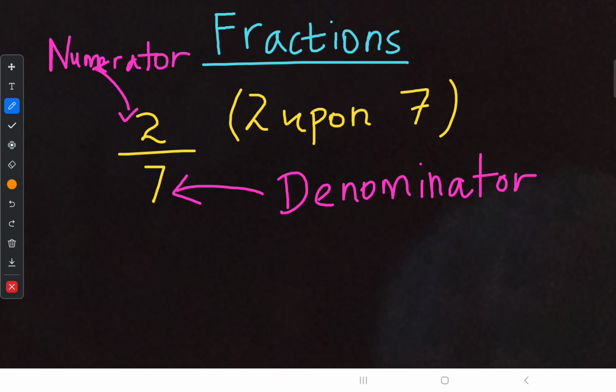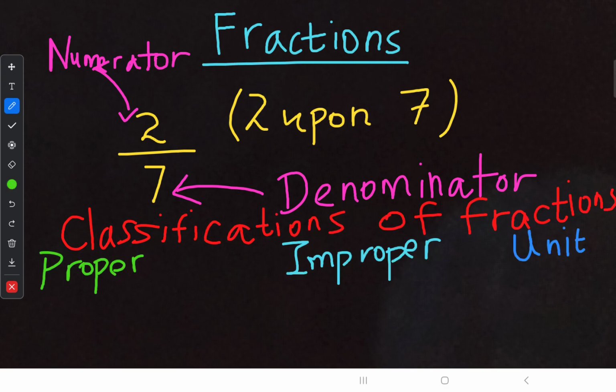Okay, the classifications of fractions. These are the three classifications of fractions: proper fractions, improper fractions, and unit fraction.